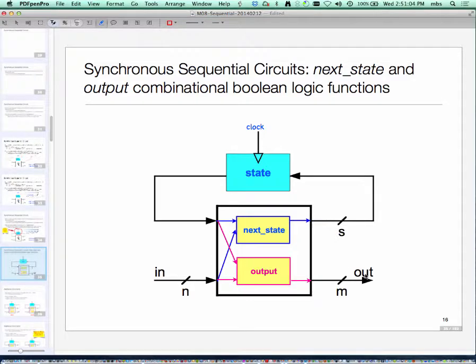So this output is implementing some function f of in, current state. And this other guy, we'll call it the next state function, and we can think of it as implementing some function g of in, current state.